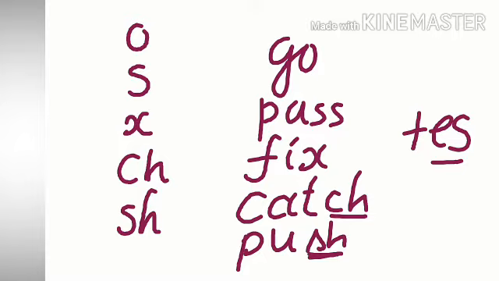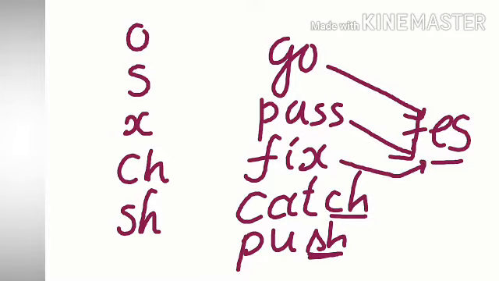In all the other cases we have to add s. So he goes to school, he passes the exams, he fixes the problem, he catches the ball, he pushes always. So like that we have to use this. This is the first case.